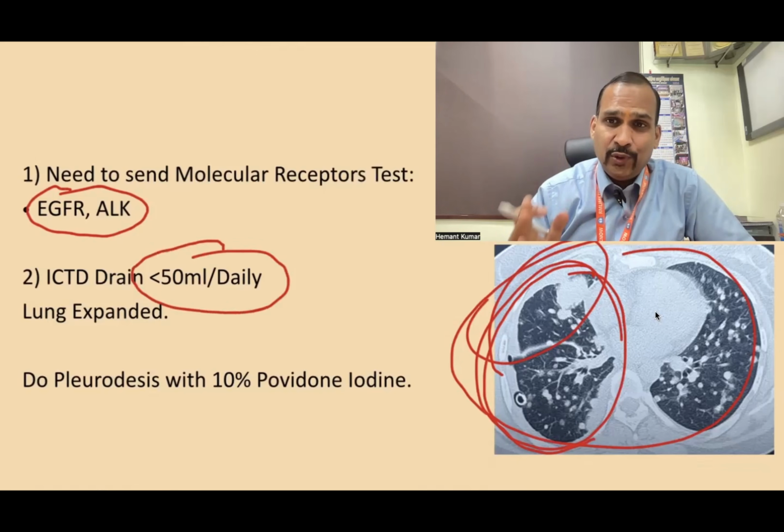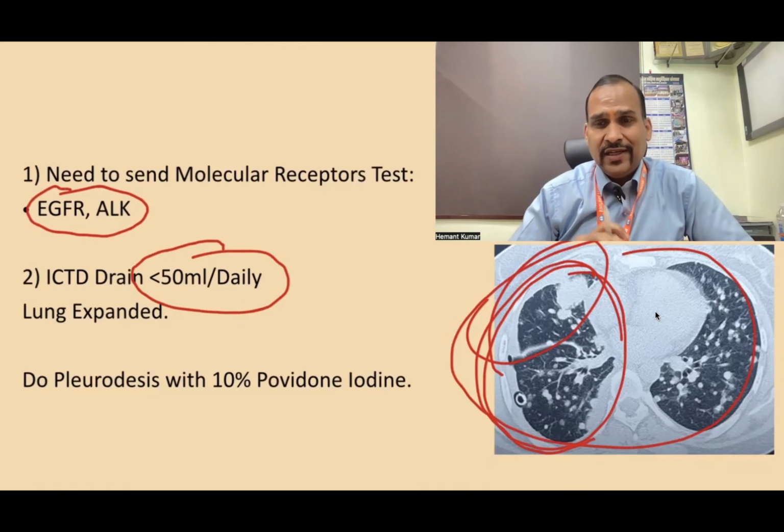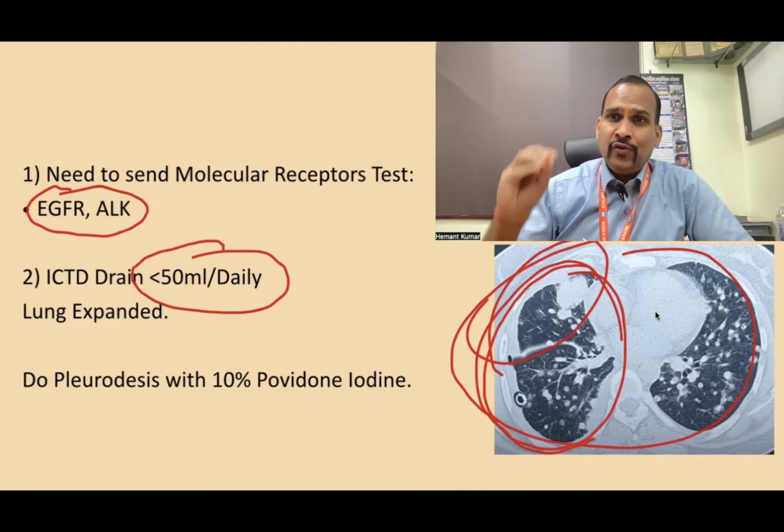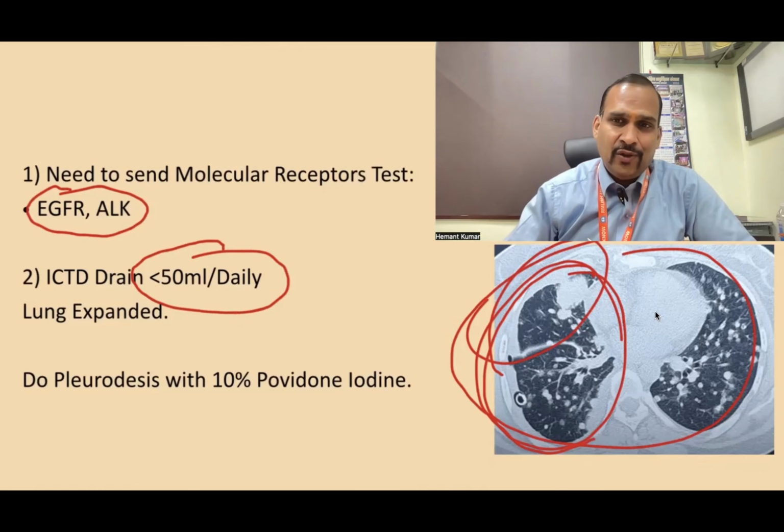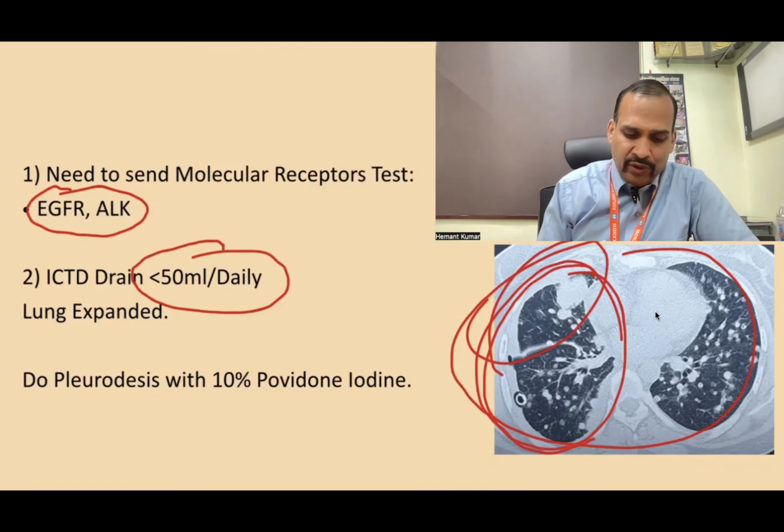So what will you do? Will you do pleurodesis? Yes, we have to do pleurodesis. Remember, when you find metastatic pleural effusion, try to do pleurodesis for recurrence prevention or for collection of pleural fluid. So we did pleurodesis with 10% povidone iodine in this patient.